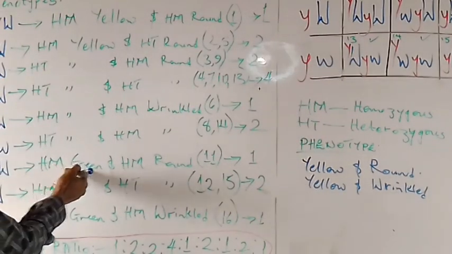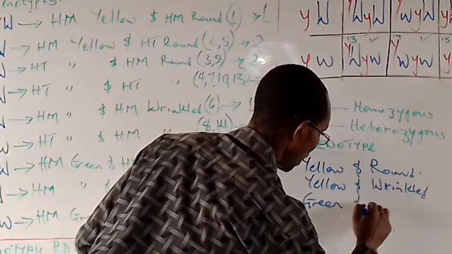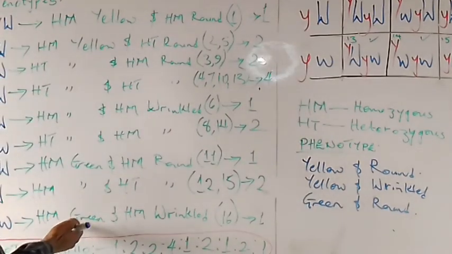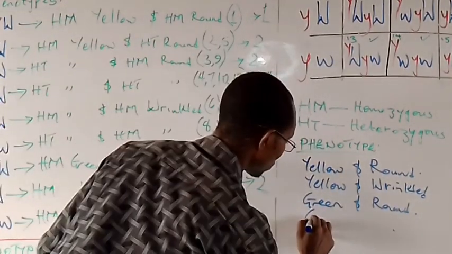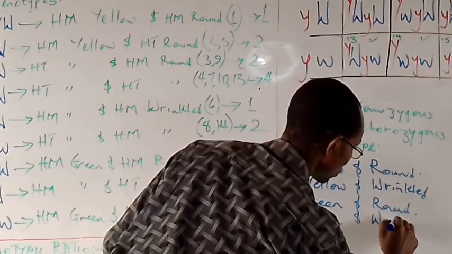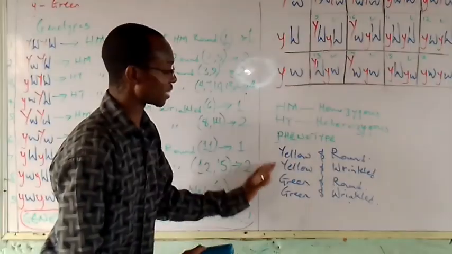We also have green and round. And we have green and wrinkled. So we have all of these as the phenotype.